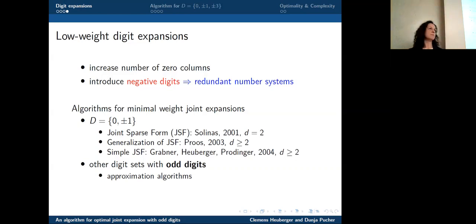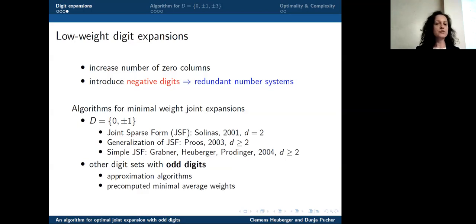This is because with some other techniques, it is possible to compute for a digit set what a minimal weight an algorithm should have without giving the algorithm per se. And so this means for us that we already have information about pre-computed minimal average weights. And this brings us to our research area. So we are interested in giving those algorithms, with odd digits and of course digit 0.